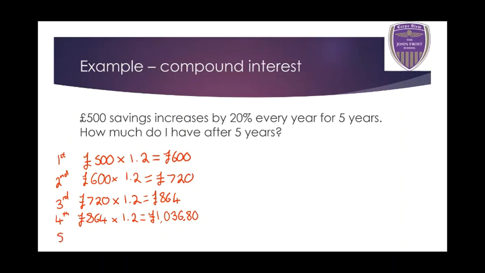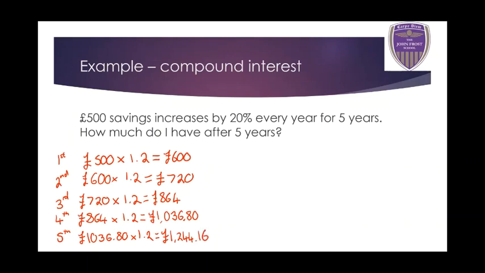And then the fifth year, we have got £1,036.80 times 1.2 is equal to £1,244.16.